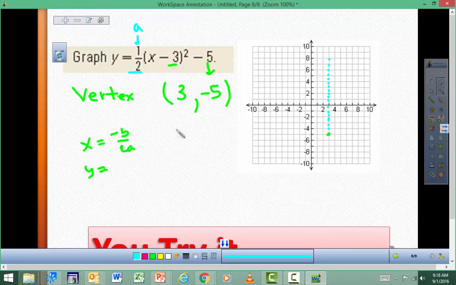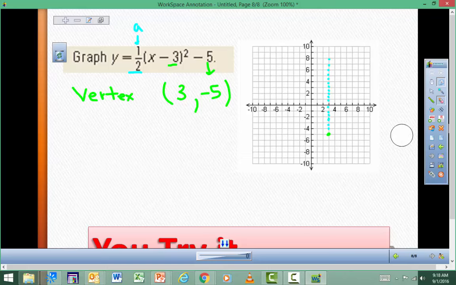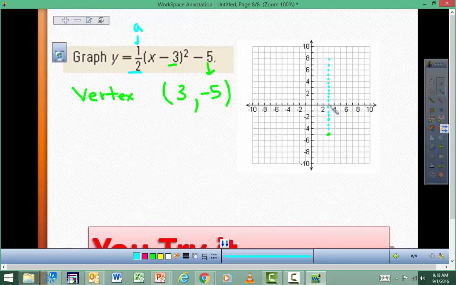Well, so now what's a good choice to get my second point? Anyone have an idea? Pick a point that's nearby, right? But not too close. I wouldn't choose 2 or 4 because it's too close. Why not go with 0 again? 0 is not bad. I like that. So let's choose x equal to 0.